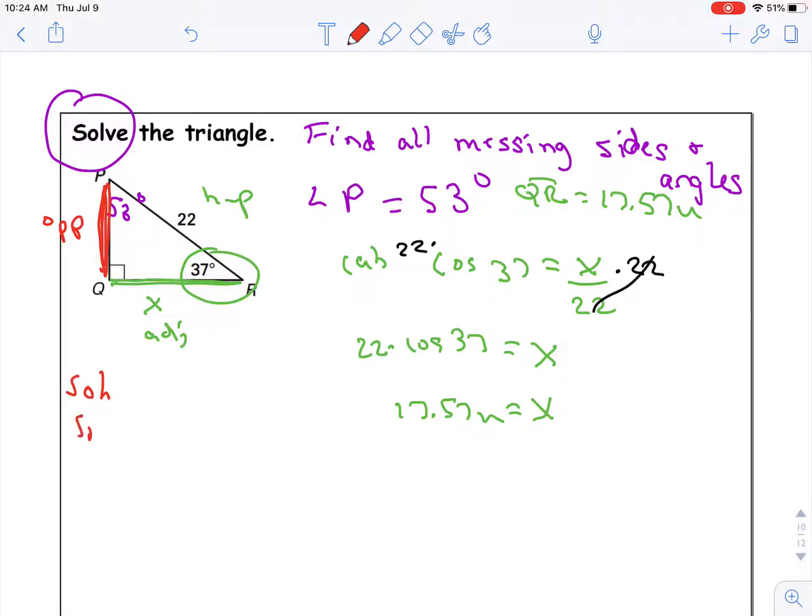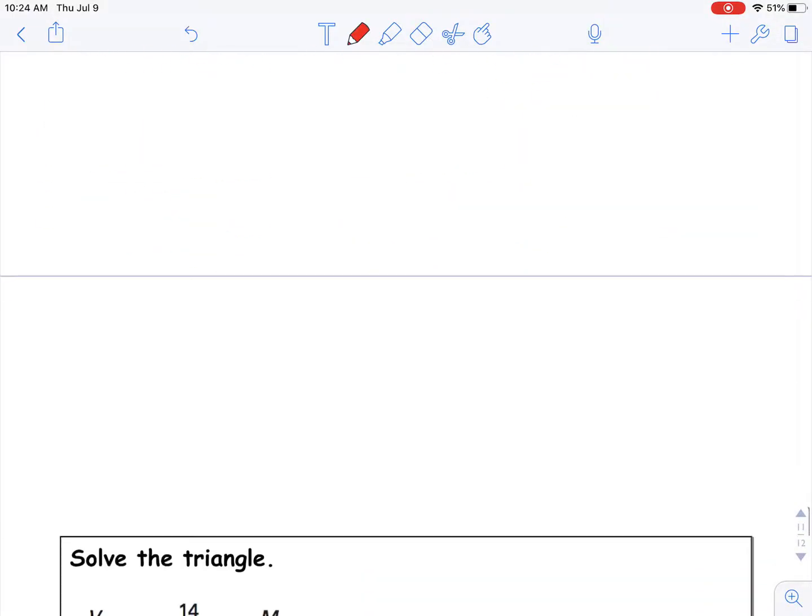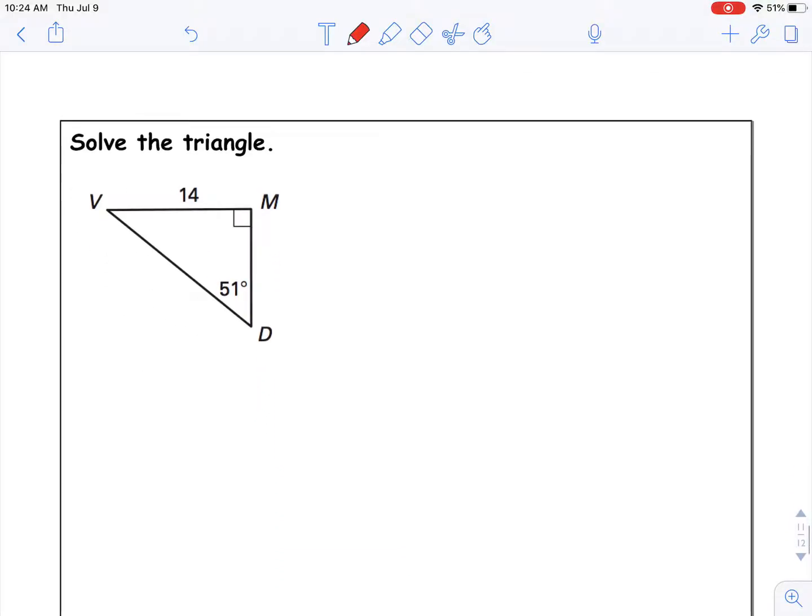So now if I use opposite and hypotenuse, sine, I can set up the ratio that the sine of that 37-degree angle is equal to the side opposite over the hypotenuse. And when I solve, that gives me y is 13.24 units. And you can do the math and double check, but that means then that QP is 13.24 units. That's what it means to solve the triangle.